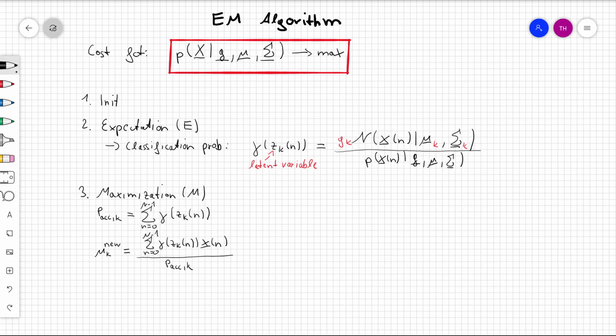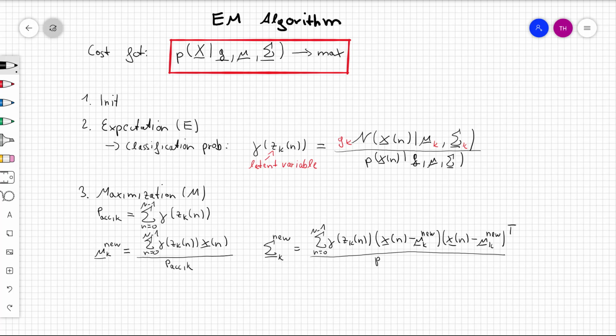When we look at the variance update, it's similar to the mean update, but with a variance equation. It's the sum over n of gamma of z_k of n times then our variance computation or estimation. So our feature vector x of n minus the newly estimated mean vector times the same difference vector, but then transposed to get the covariance matrix.